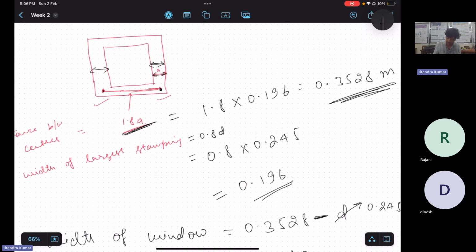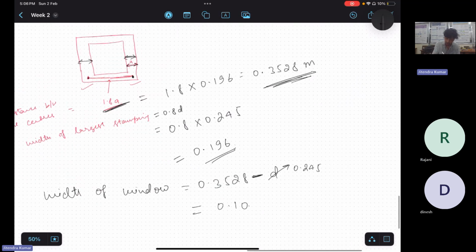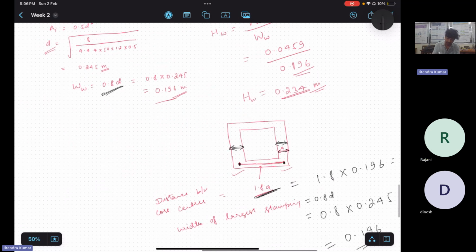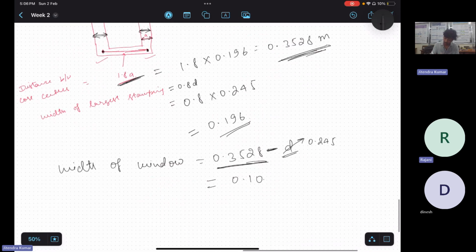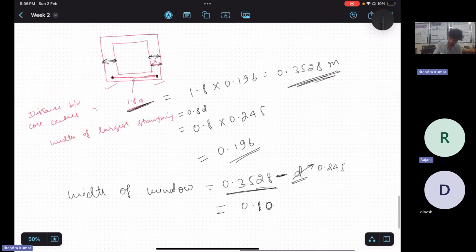We are not considering reduction of both the core widths from the entire distance. Because we have calculated from center to center, you can subtract only width of any one core, right? That is nothing but 0.245, the width of the core. So now width of window came out to be 0.10. This is the width of the window.